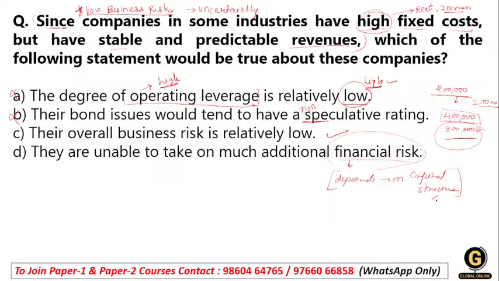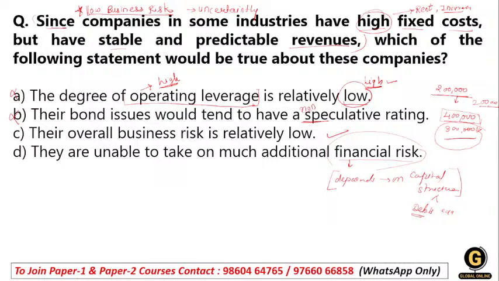Some companies take extra debt, they are not interested in collecting finance from equity, and some companies give importance to both. They collect their financial funds from debt and equity.